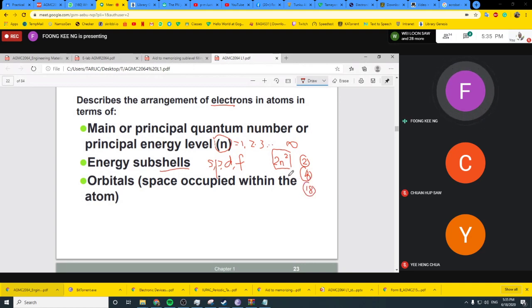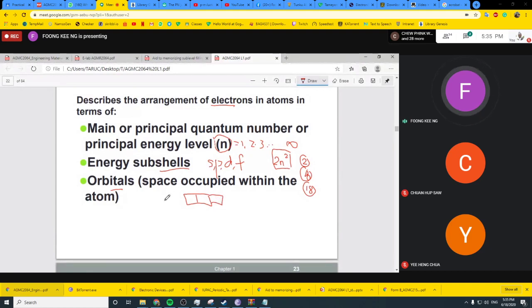So this subshell is very important. It tells me how to place my electrons. In the subshell you will also have a smaller level, which we call the orbital. An orbital is actually the space occupied within the atom. In orbitals, we label them as boxes.